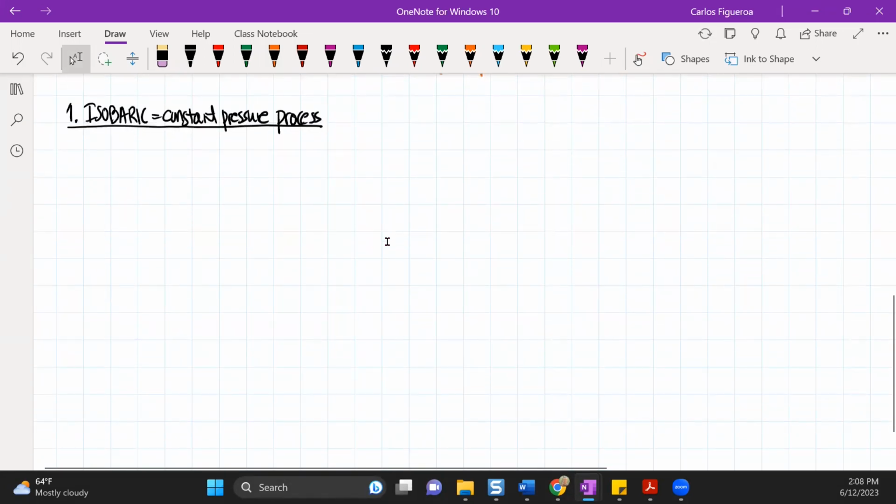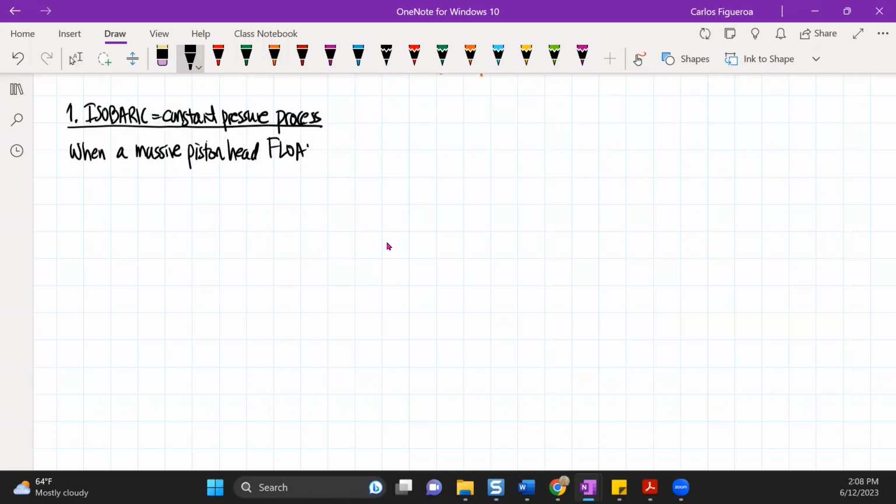So what you're finding here is that when a massive piston head floats in equilibrium above the gas, F net, the net force on that piston head, is 0.